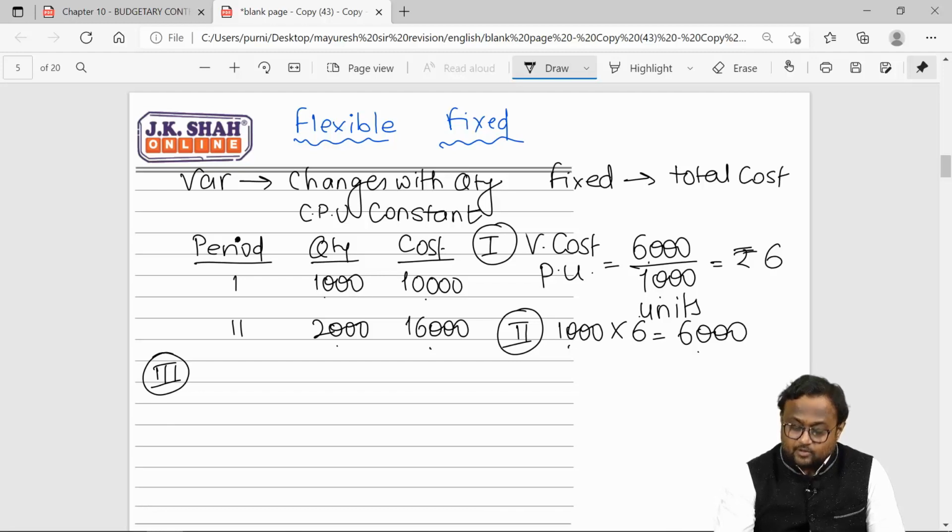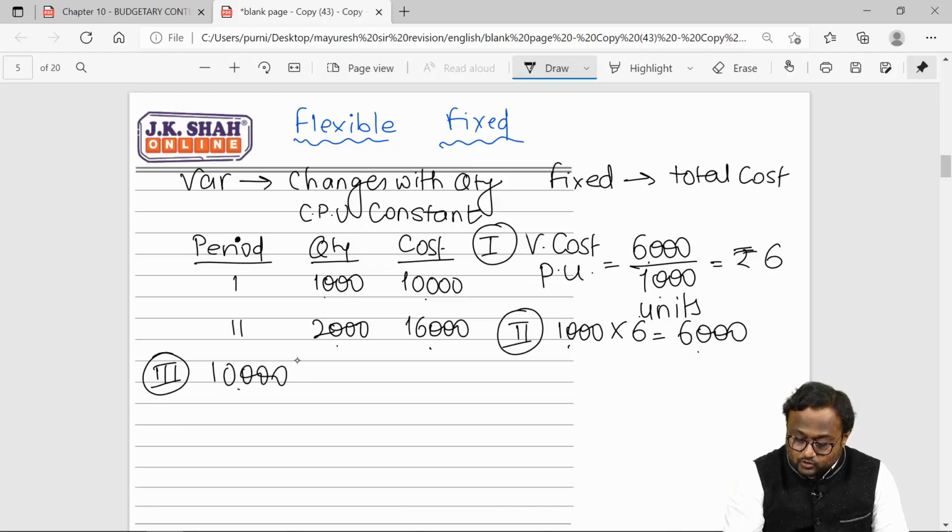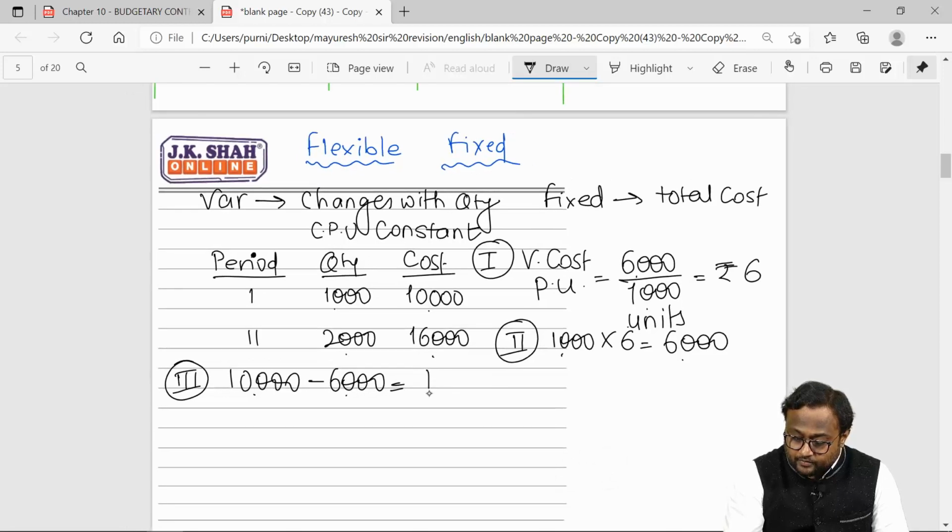For the first period, my total cost was 10,000. I have just got to know that my variable portion is 6,000. That means my fixed portion has to be 4,000.